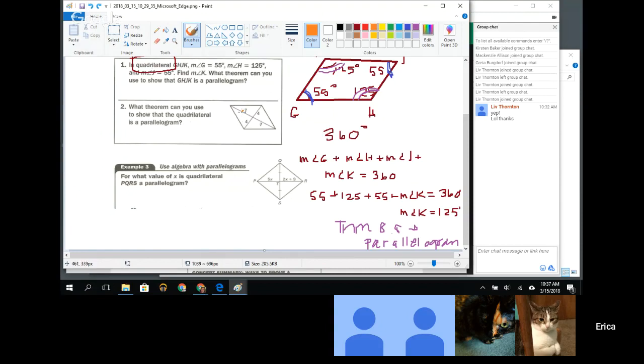So this side of your diagonal is congruent to this side, and this side is congruent to this side. Because I know that I'm dealing with diagonals, I know that this is either theorem 8.10 or 8.7, and they're giving me that the diagonals bisect each other. So theorem 8.10 tells us this is true.